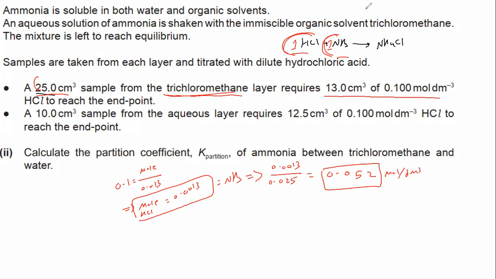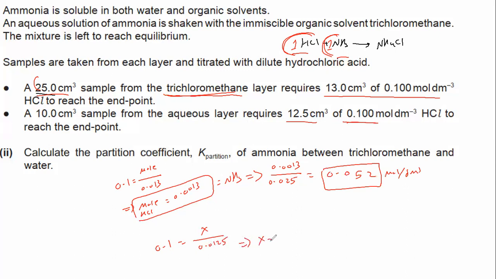Now we do the same for the water. Here we have the volume of HCl required to react with the NH3, and here we have the concentration. So we say the same: 0.1 equals X over 0.0125, because we divided by 1,000.